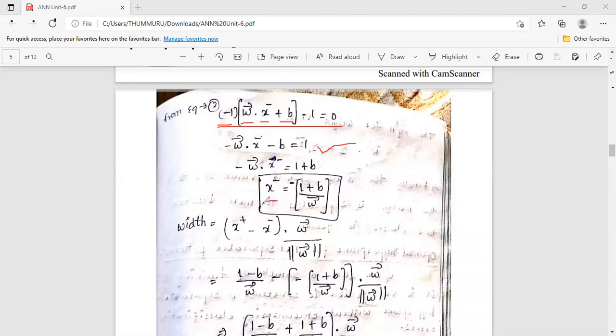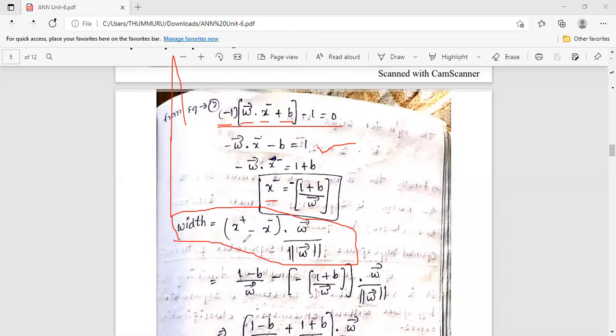We have calculated x plus as well as x minus. Now we should substitute the x plus value and x minus value in the width formula, as we saw earlier. What is the width formula here? (x plus minus x minus) into w vector divided by the norm of the weight vector.